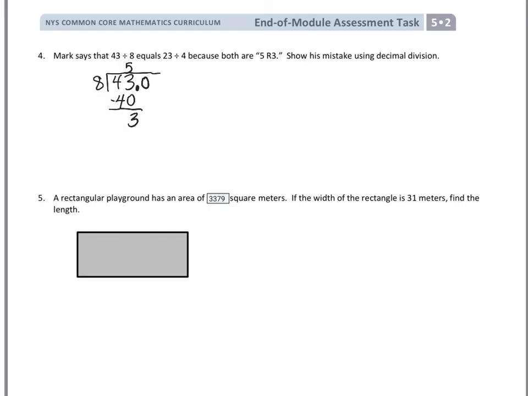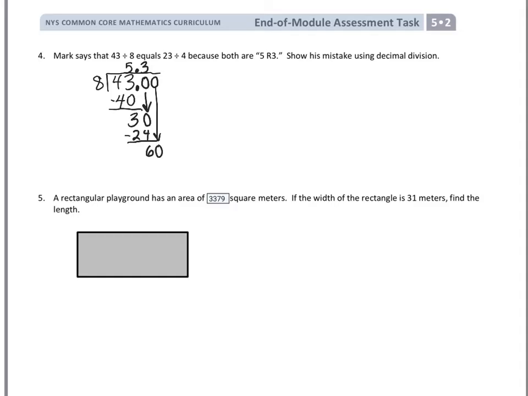Let's add a 0 and bring down the 0. Now 8 will go into 30 3 times. 3 times 8 is 24. Subtract and we have 6. Let's go ahead and add another 0 and bring that down.